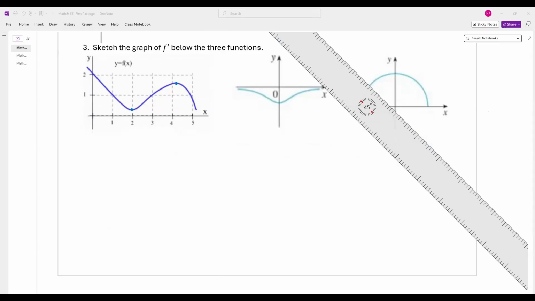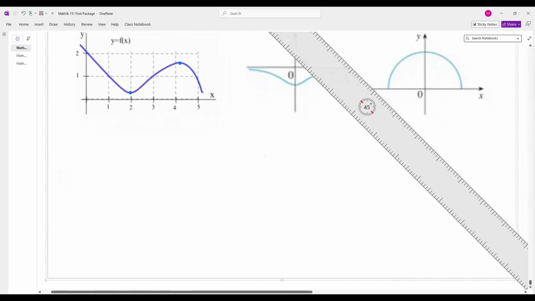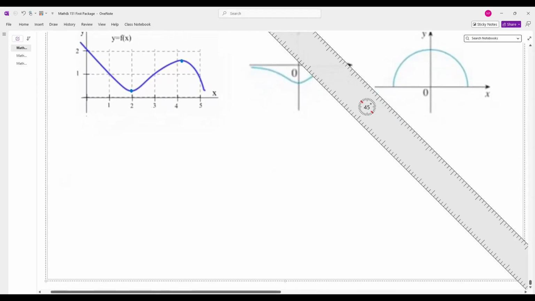Now, let us work on number 3. Right now, I would like to work on the 3 graphs here. Let's see how we sketch the graph of f prime. Then, to our first example, what is the first thing that I would like to do?